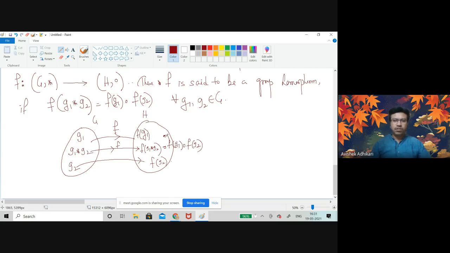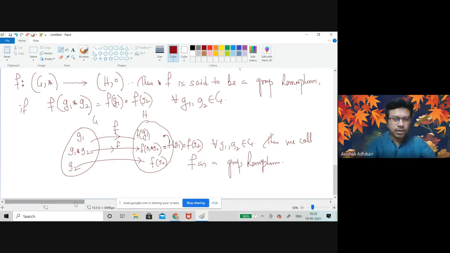So this will also be an element of H. So you have F(g1 star g2) as an element of H and F(g1) composition F(g2) as an element of H. Now if it happens that they are equal for all g1, g2 belongs to G, then we call F a group homomorphism. Clear? Idea is clear? Any question?